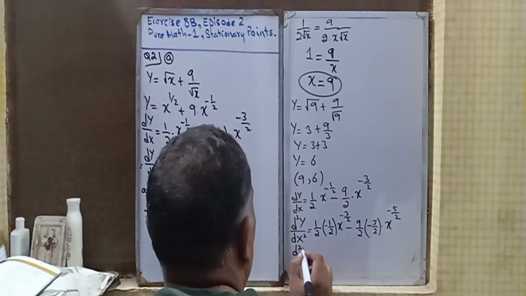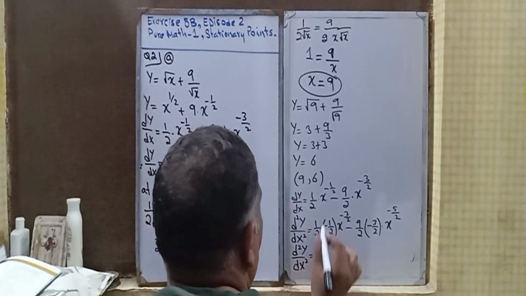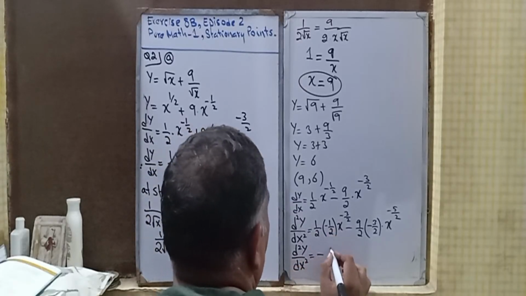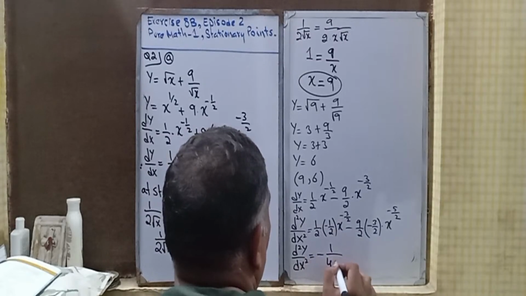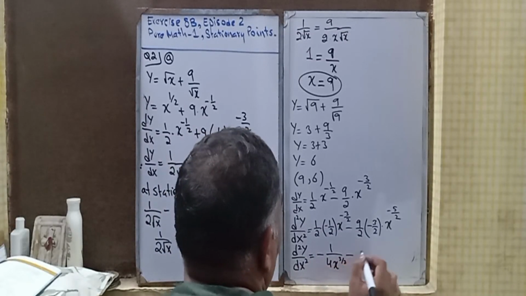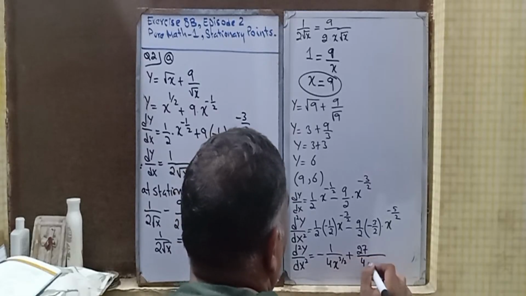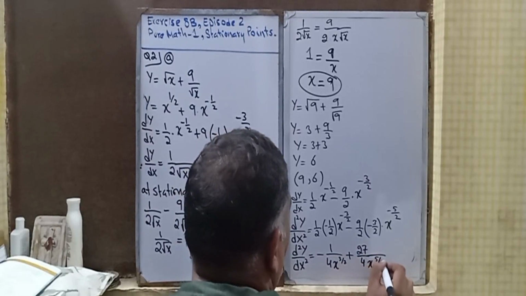So d square y by dx square will be equal to minus 1 by 4 x raised to power minus 3 by 2, plus 27 divided by 4, x raised to power minus 5 by 2.